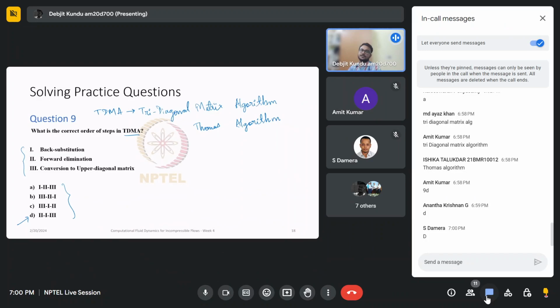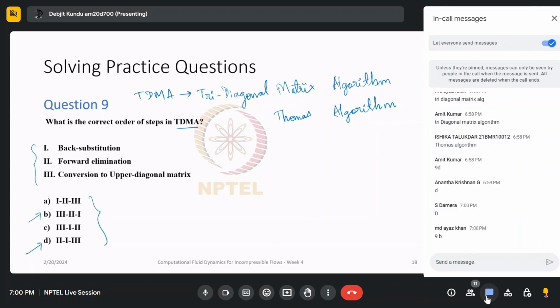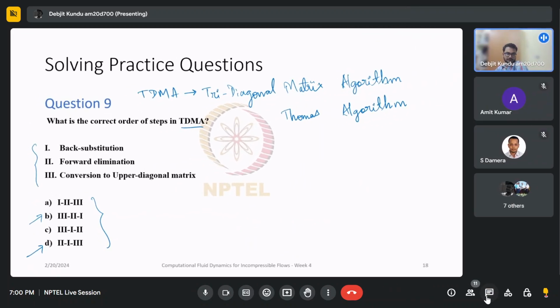Okay, one more option D. One response in favor of option B. It is 3 to 1. We have a split in the crowd. Let's see what others have to say.